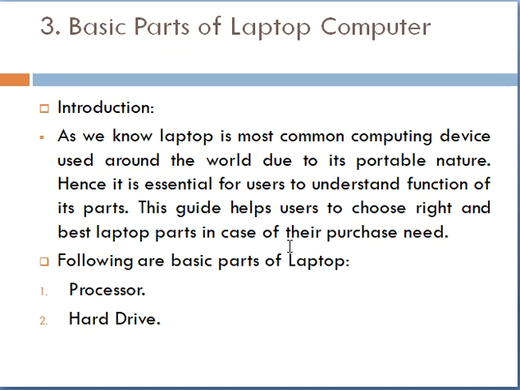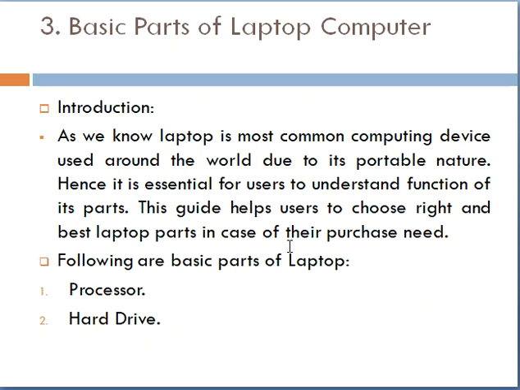But in a desktop, all the things are separated: the CPU, keyboard, monitor, and mouse are separate, and these four units combine into a perfect digital computer. But a laptop is one whole unit.